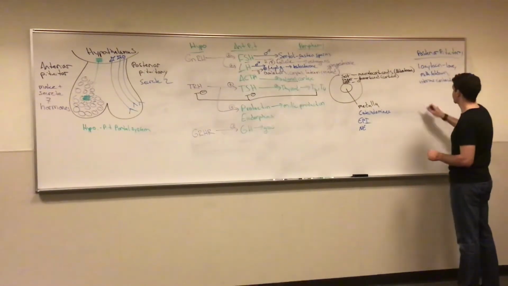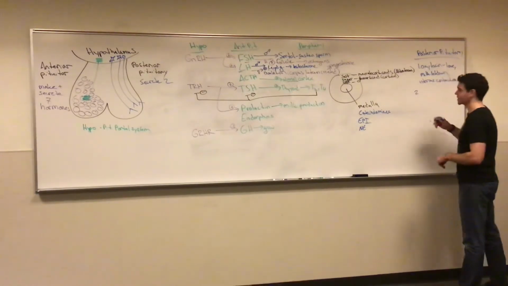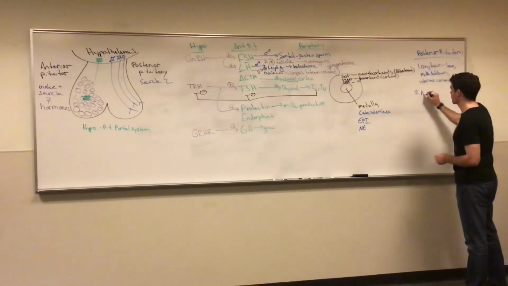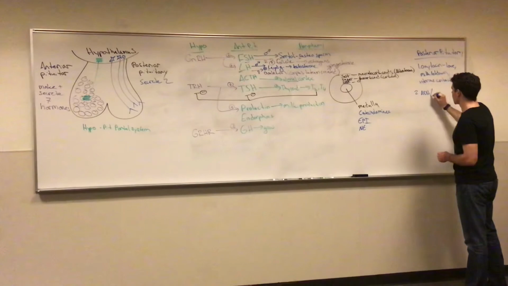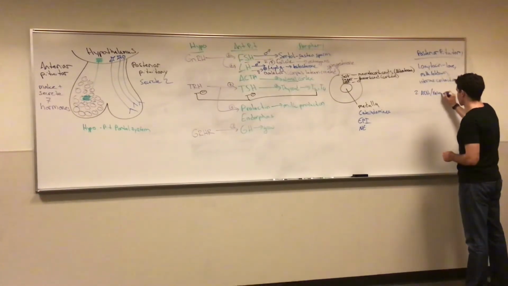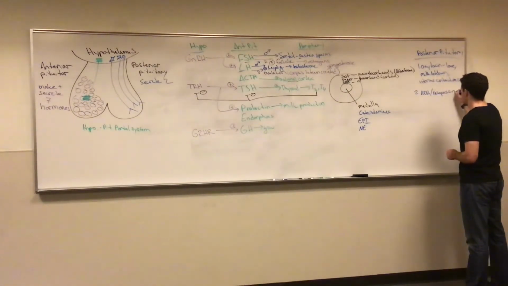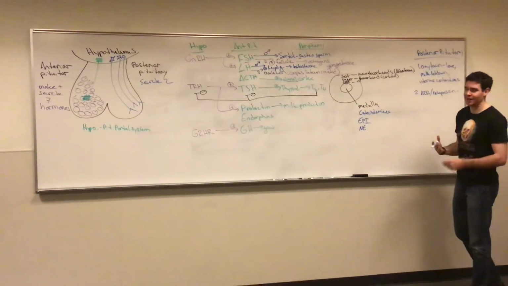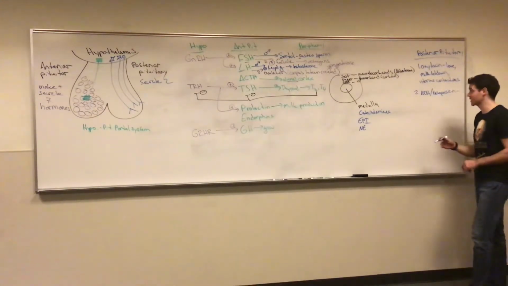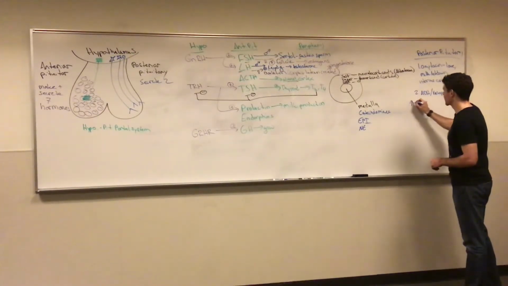So oxytocin from the posterior pituitary, and then something called antidiuretic hormone, also called vasopressin. This one is not as interesting as oxytocin. Ready for this?